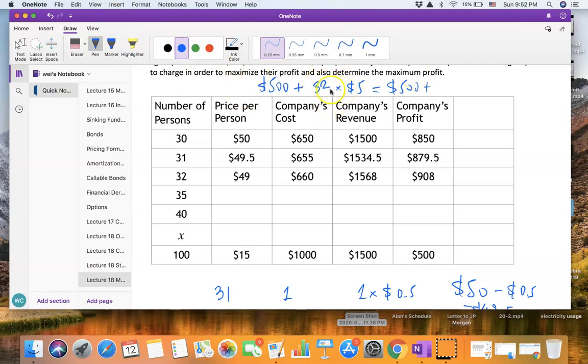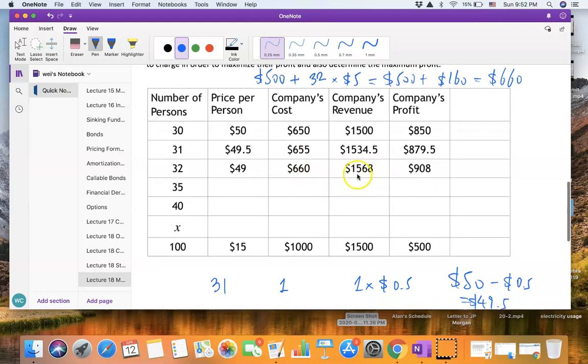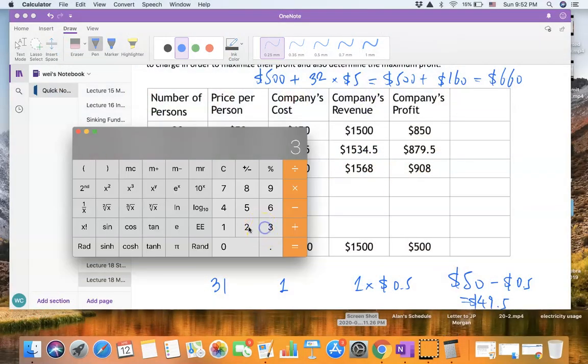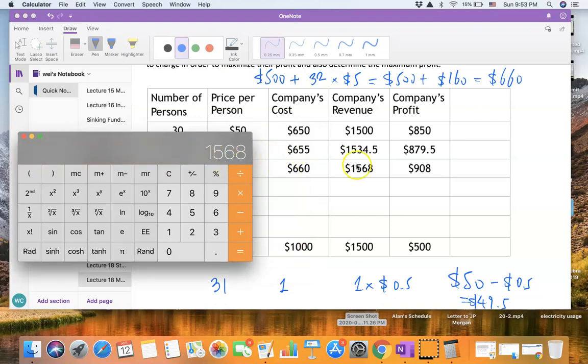So 32 times 5, that is 160, so that is 660. And the revenue is given by 32 times 49, so it's 1,568. And this number subtract 660, so the profit is 908.